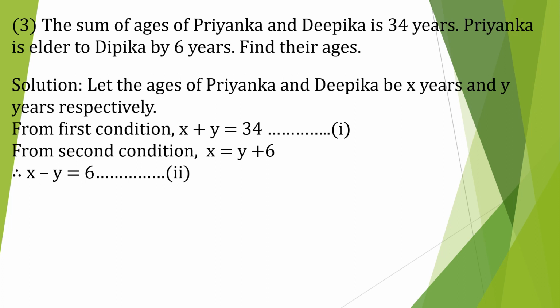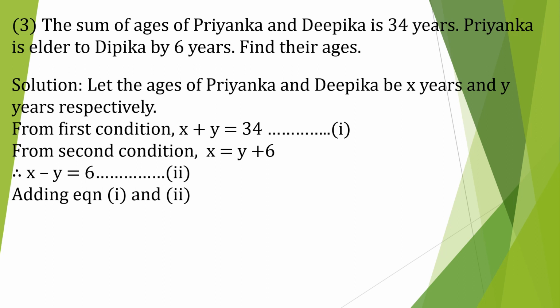Now we'll solve equations 1 and 2. So can you see both the equations? You see x plus y equal to 34 and x minus y equal to 6. Variables have the same coefficient, but you can see that variable y in the first equation is with plus and in the second equation it is with minus. So you can solve it by adding both the equations.